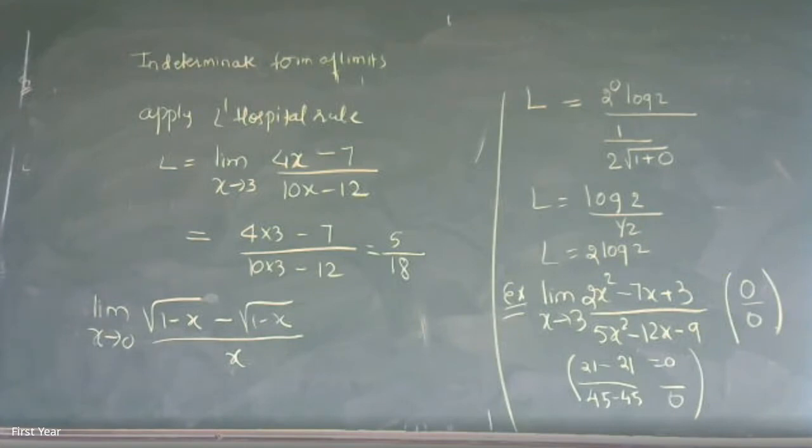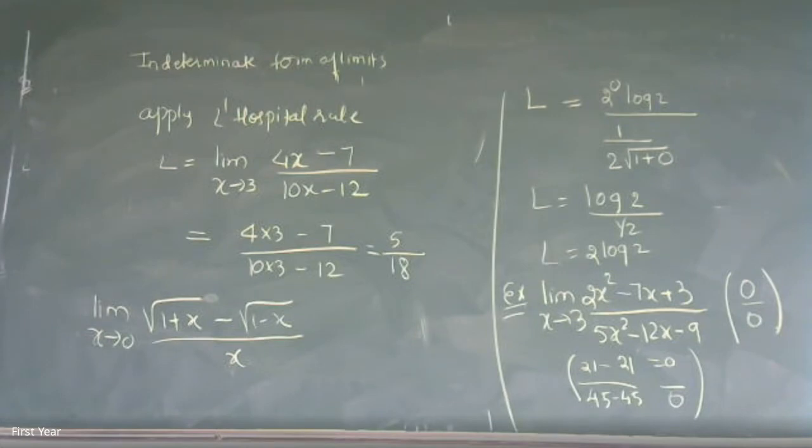This is also not lengthy. If both of them were the same, then it is directly 0. Root of 1 plus x minus root of 1 minus x upon x.